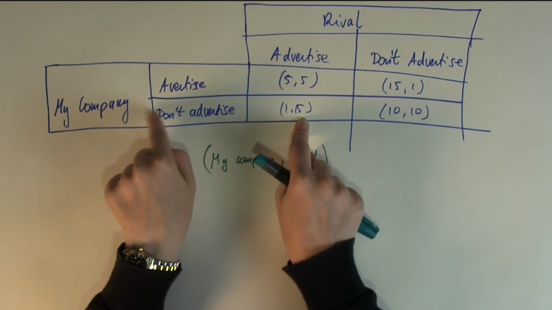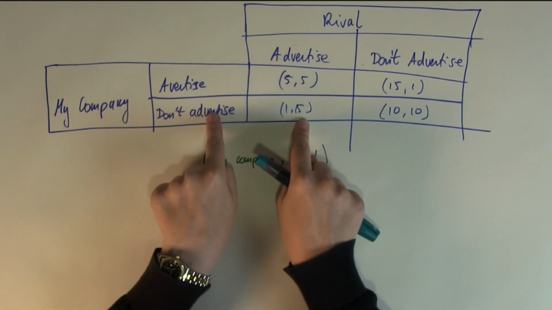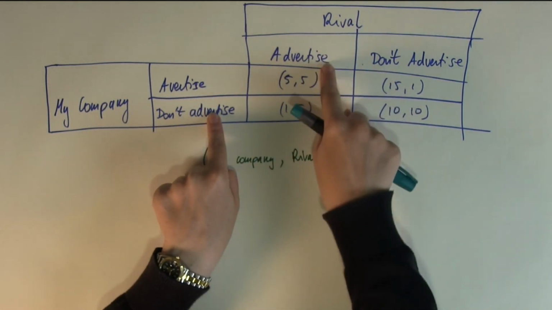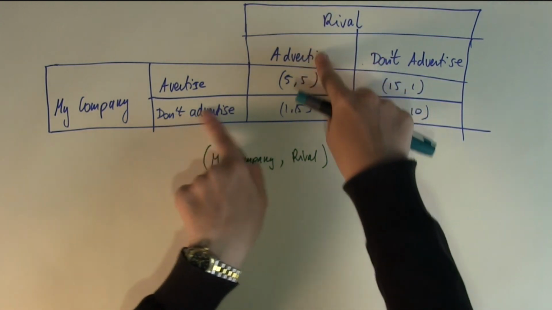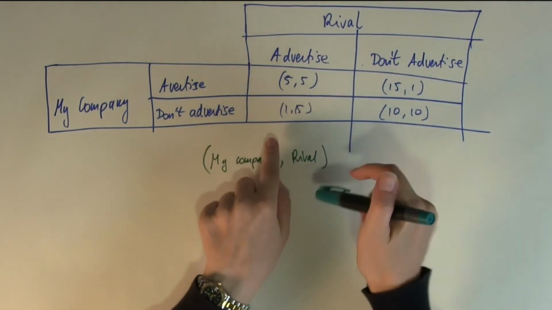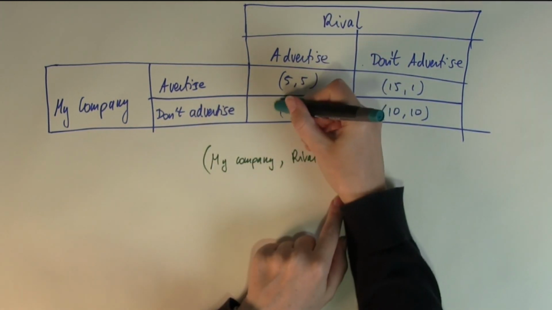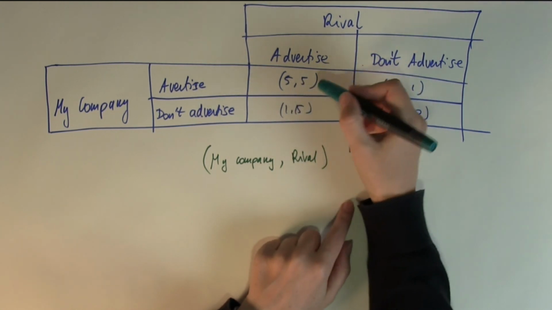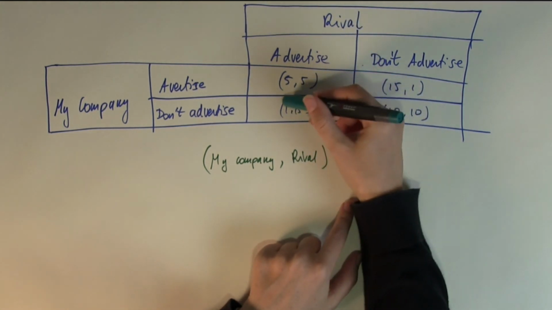So in this scenario, my company doesn't advertise, but the rival company advertises, because that is in the cross-section of these two. And that means, because I'm the first number, I only earn 1 million, and because the rival is the second number, they earn 15 million.